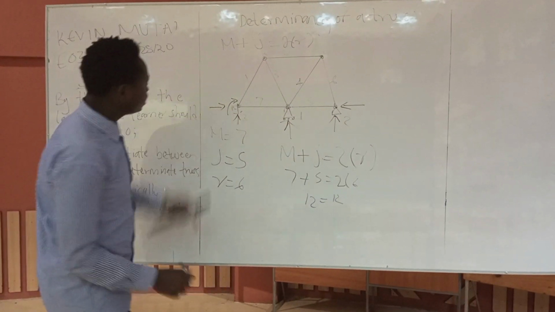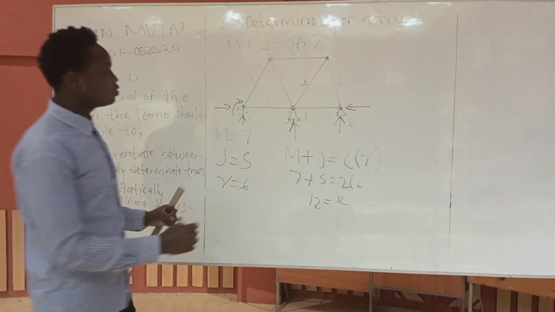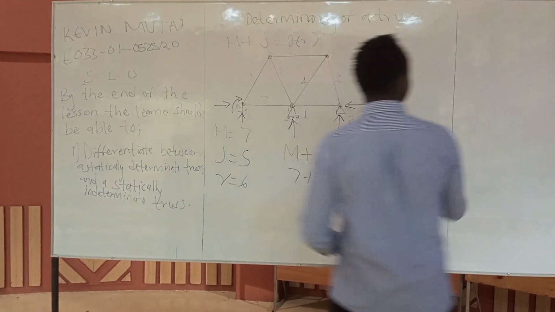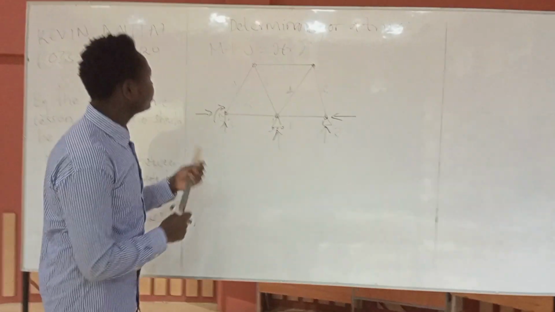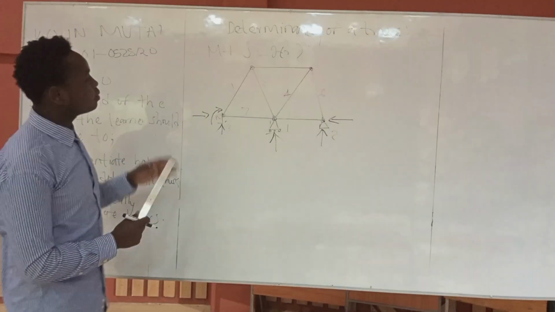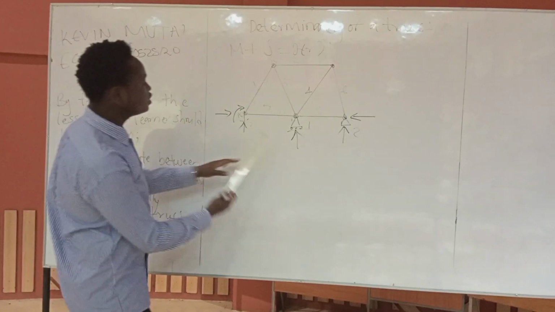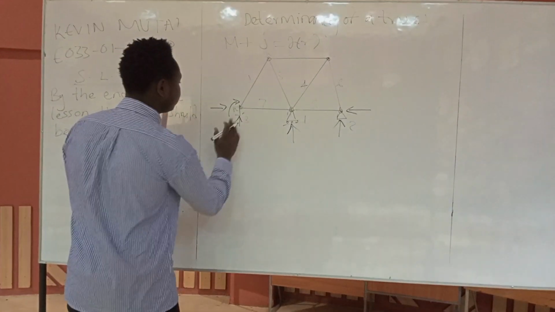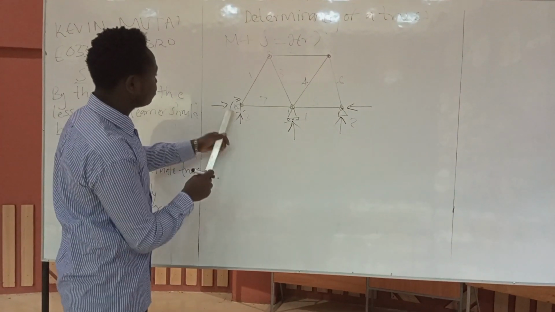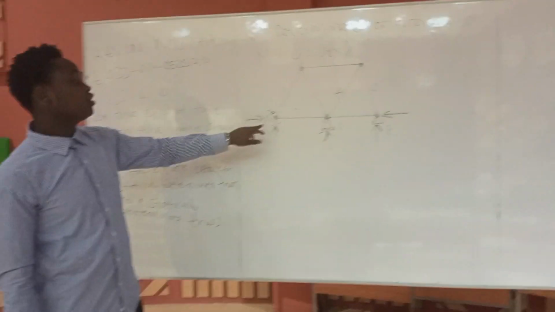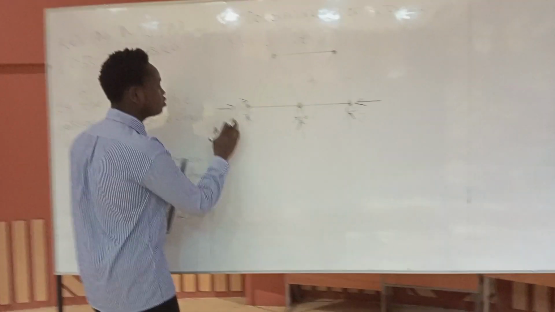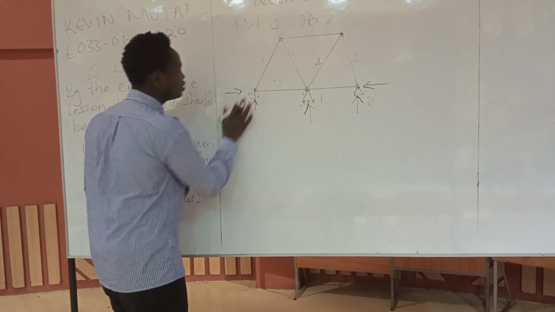So for our next example, we want to determine the determinacy if the fixed support is changed. This means we will not be having one reaction, so we will not be having moments.